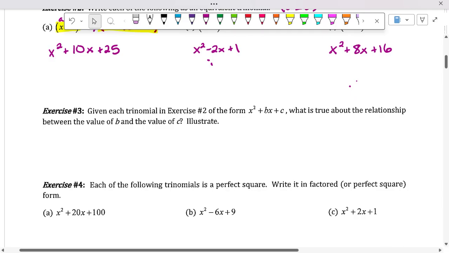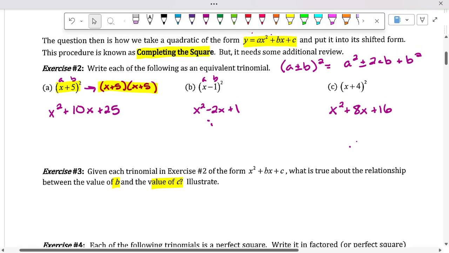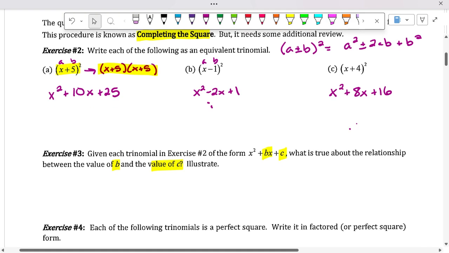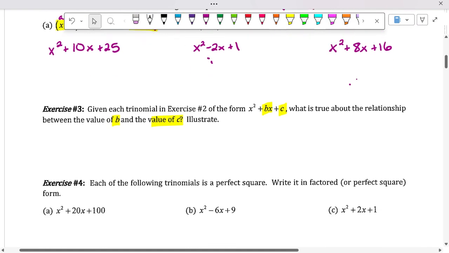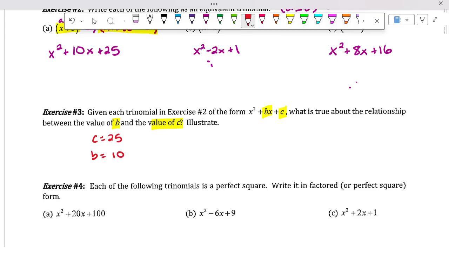Now, given each trinomial of the form, what is true about the relationship between b and the value of c? So if we look right here, bx and c. All right, so 25 and 10, for example. So if my c value is equal to 25, my b value is equal to 10.